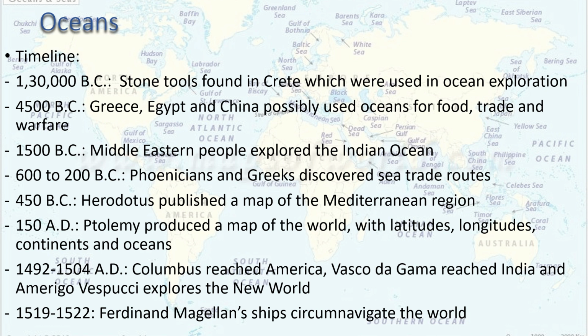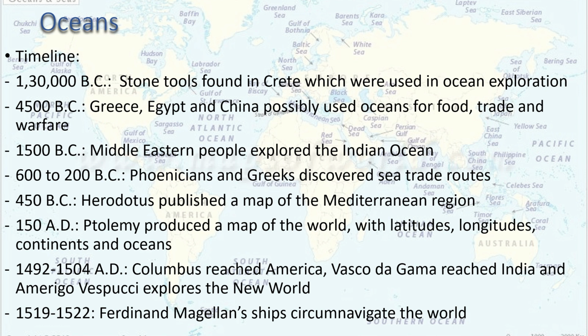And when were these tools made? They were made around 130,000 years before Jesus Christ. How did we get that? Through radiocarbon dating. So, people have been making tools to use in ocean exploration.